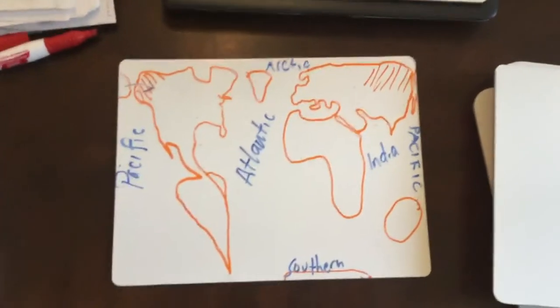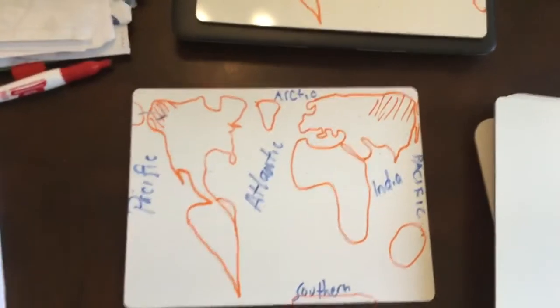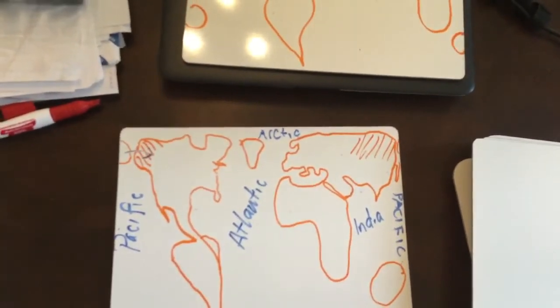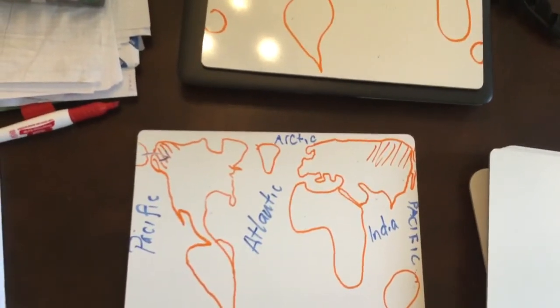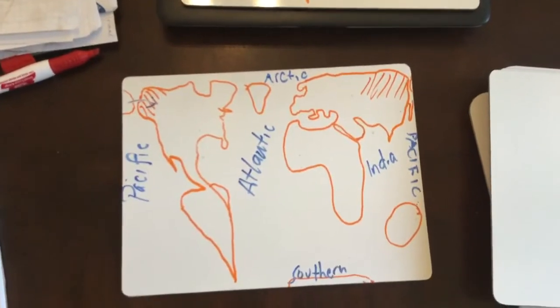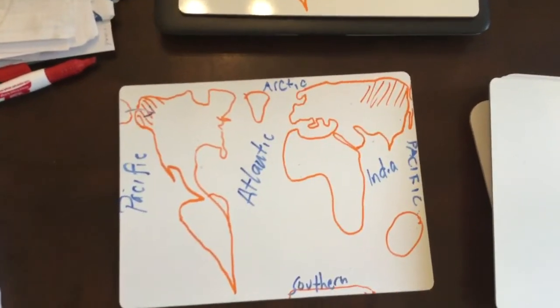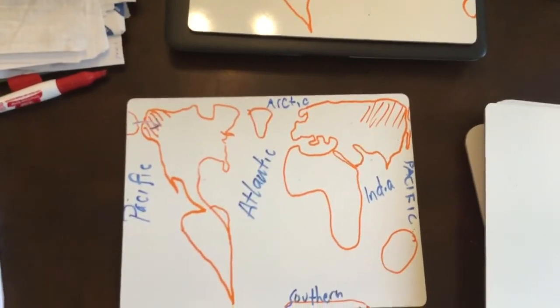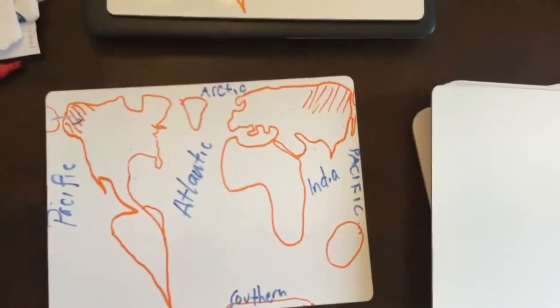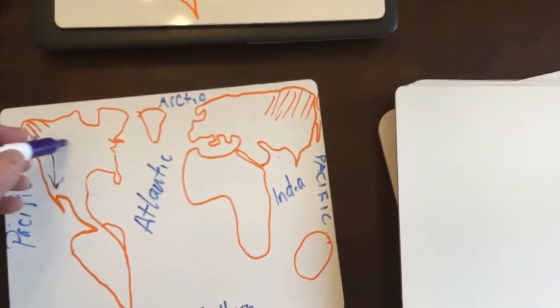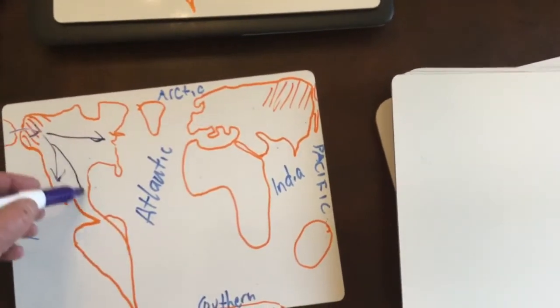The ice age ended. The ice caps receded. The oceans rose. The land bridge went away. And that is where we got the Native American population. And over time, these folks spread throughout the Americas in all sorts of directions.